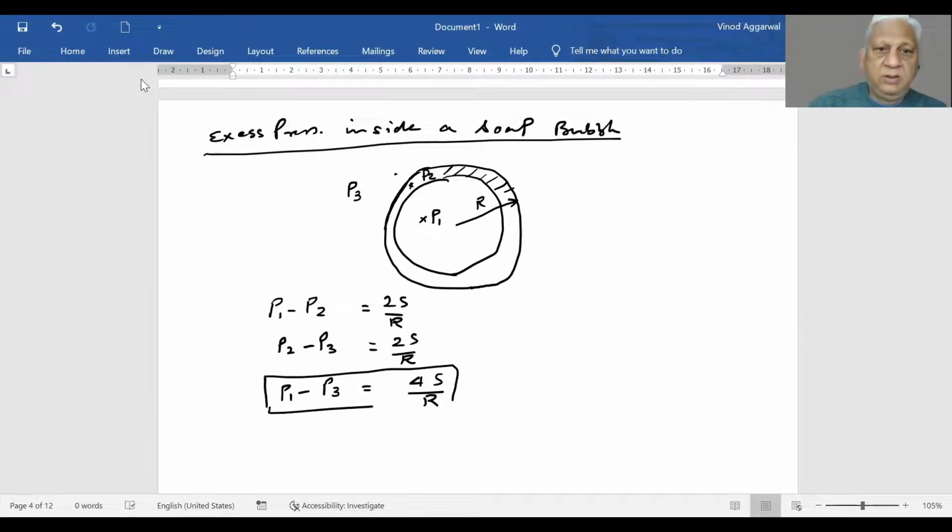What it says is, the difference of pressure inside the soap bubble and outside the soap bubble is 4 times surface tension divided by its radius.